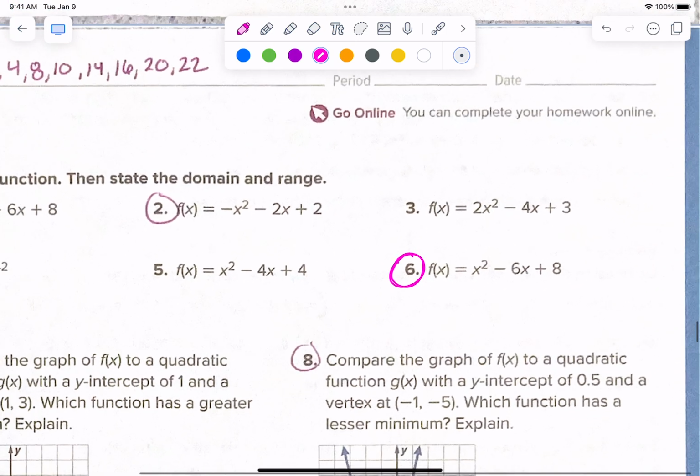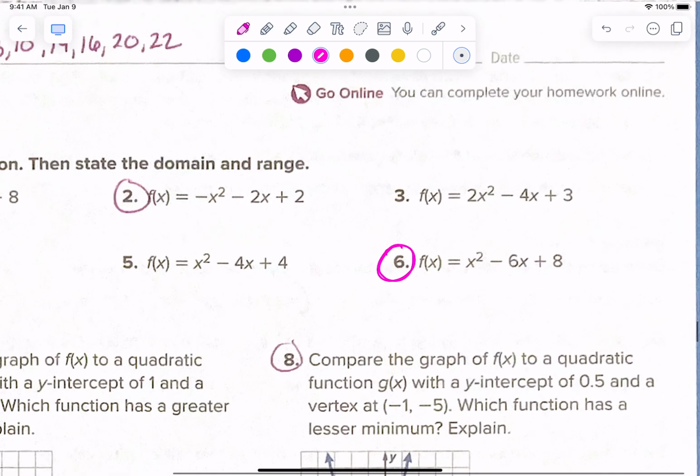I'm going to add 6 in there because we're going to do 6 together.